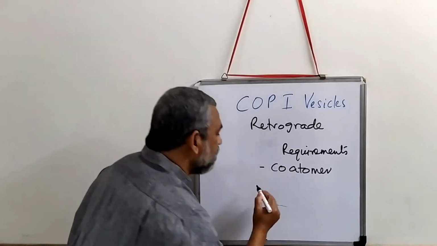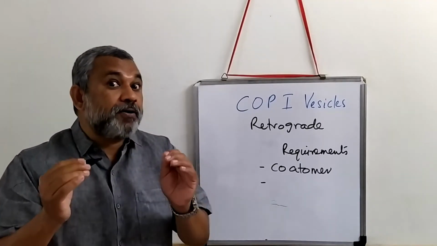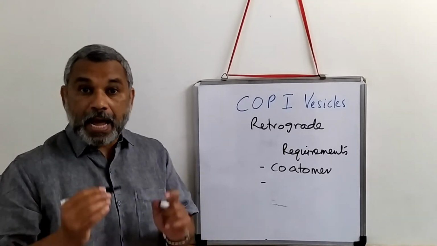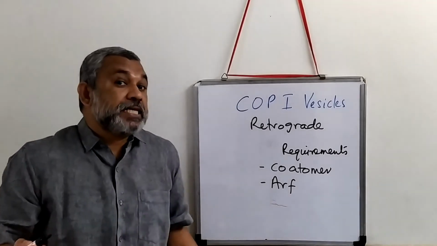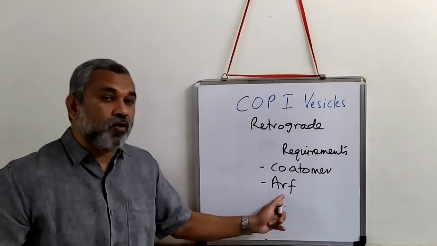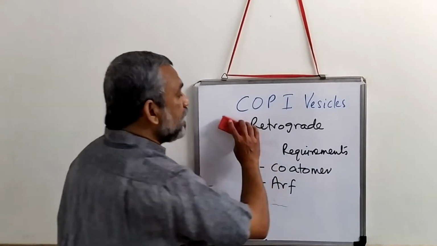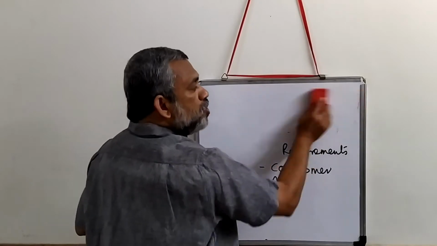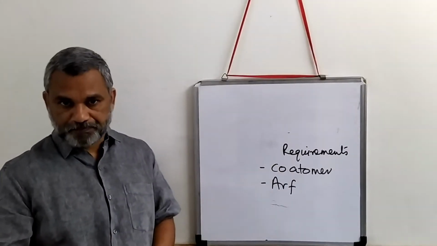The second thing is a regulatory protein known as ARF. It is a GTP protein. So what is the role of this GTP protein? These are the two requirements to understand COP1 based vesicle formation and its transportation.